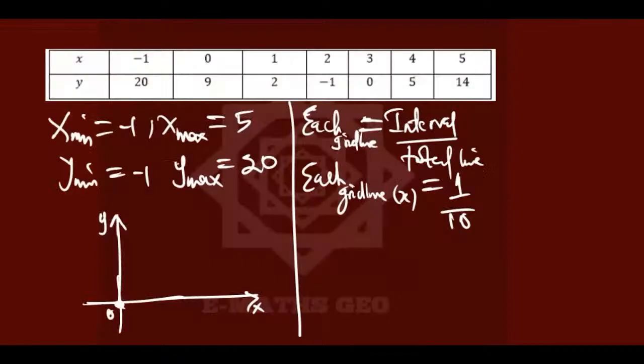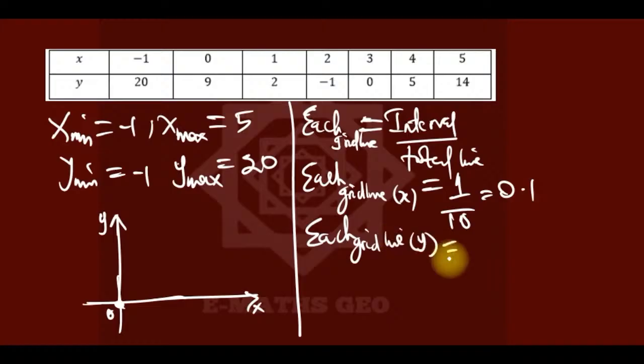So each of the small grid lines will be 0.1. And for y-axis, we are moving in 10 units, and we have a total of 15 grid lines. So this is 0.67, that's 0.667. So each of them is that.